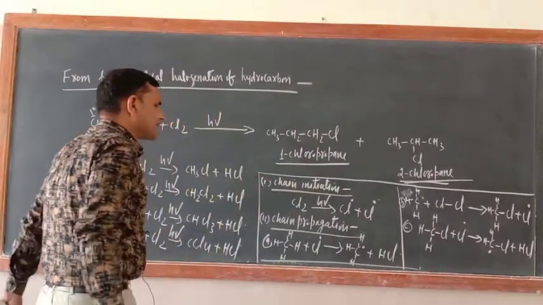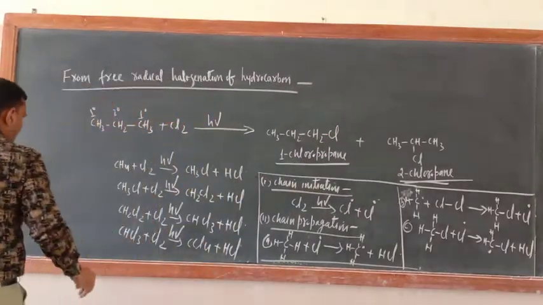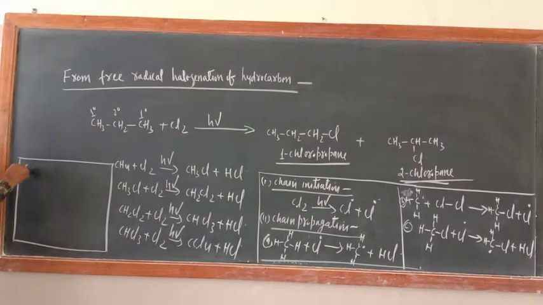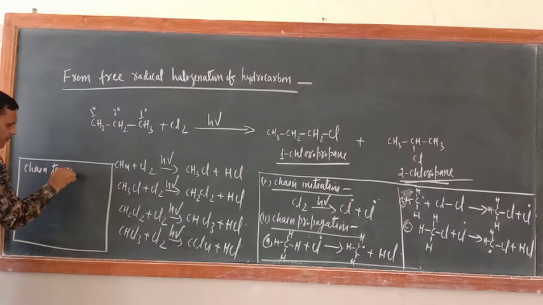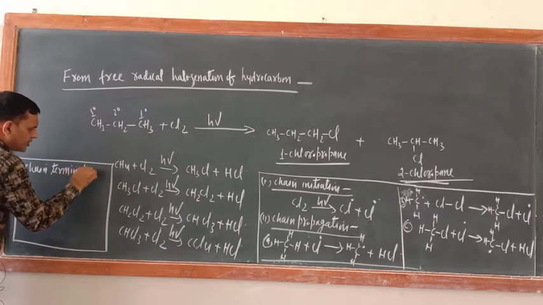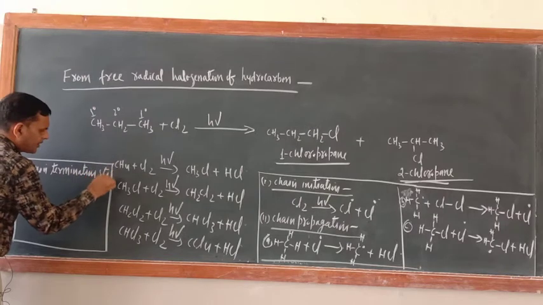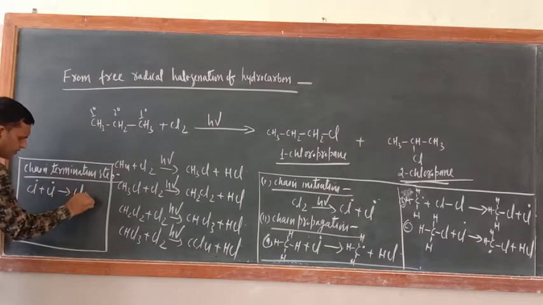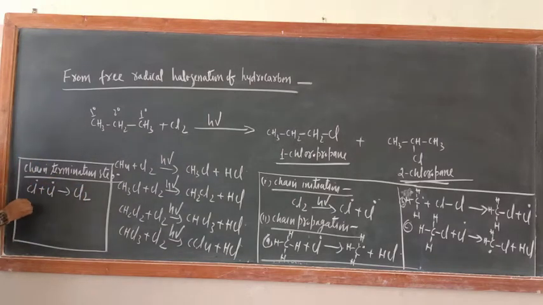The last step is the chain termination step. In the chain termination step, Cl free radical plus another Cl free radical gives Cl2. Chain is terminated.